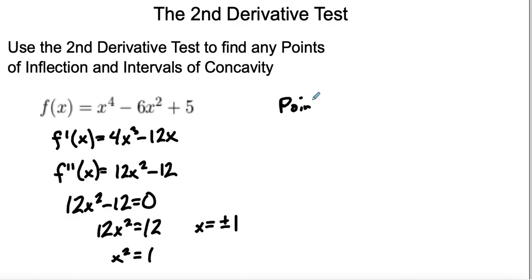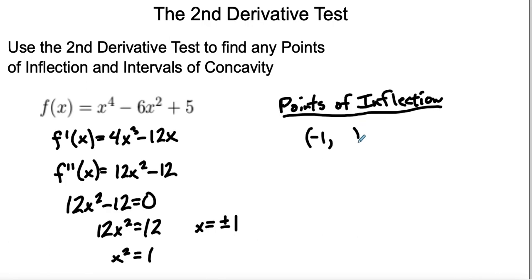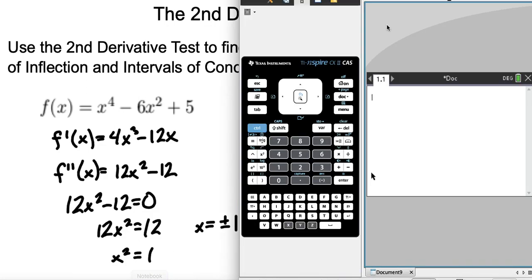But let's use the calculator so we can speed this up, and then when we're testing, it's going to be a little easier. Next, we need to find if these are the points of inflection, and we have -1 and 1, so we need to get the y values. Let's use our calculator, and we're going to start with f of x.